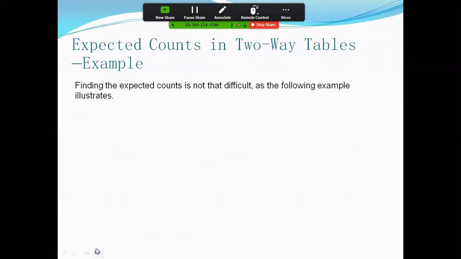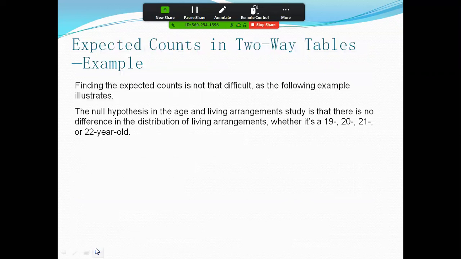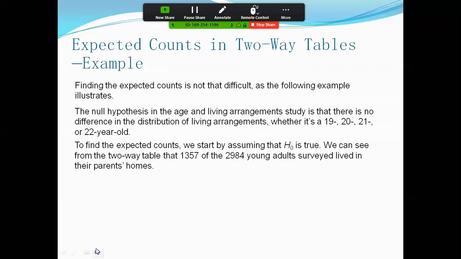Expected counts in two-way tables. Example. Finding the expected counts is not that difficult, as the following example illustrates. The null hypothesis in the age and living arrangement study is that there is no difference in the distribution of living arrangements, whether it's 19, 20, 21, or 22-year-old.